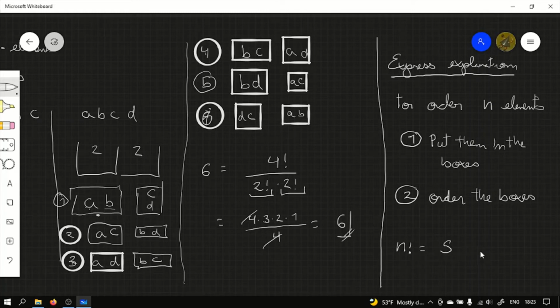The amount of orders in each box: the orders of the first box is S1 factorial, the orders of the second box is S2 factorial, and so on until Sk factorial, which are the orders of each box.